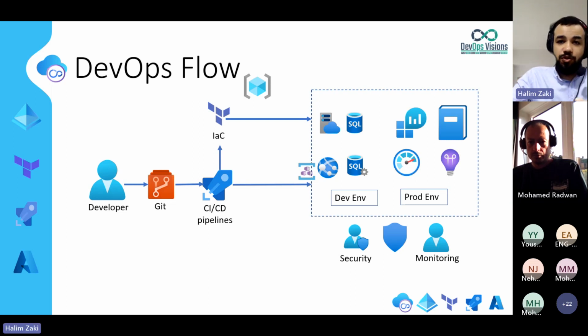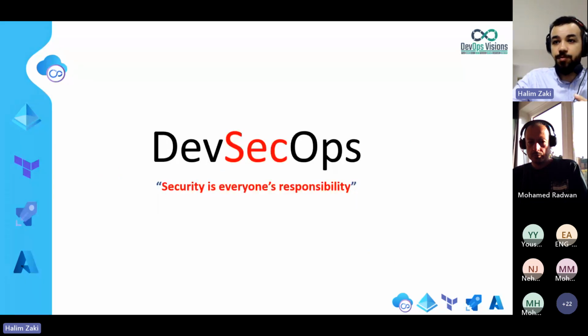Before we jump to the solution, we need to identify something important. If you are a developer, if you are in security, and if you are in operations, security is everyone's responsibility. So everybody has a part to play in that cycle.